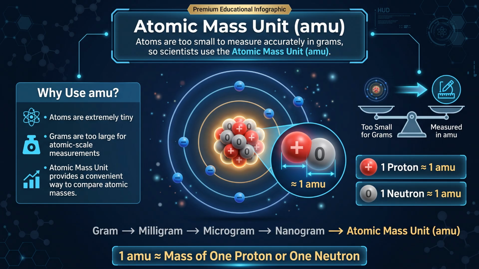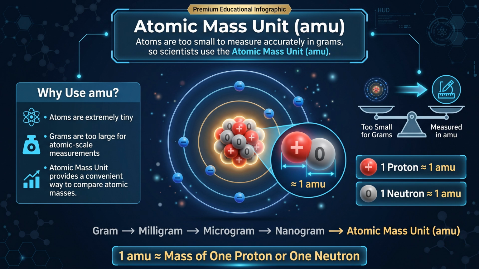The illustration emphasizes that one proton has a mass of approximately 1 atomic mass unit, and one neutron also has a mass of approximately 1 atomic mass unit. This approximation is accurate enough for most introductory chemistry calculations. Since electrons contribute very little mass, they are usually neglected when calculating the approximate mass of an atom.